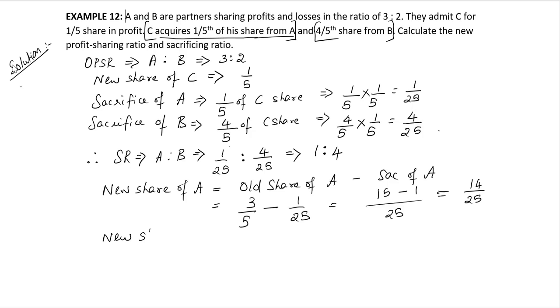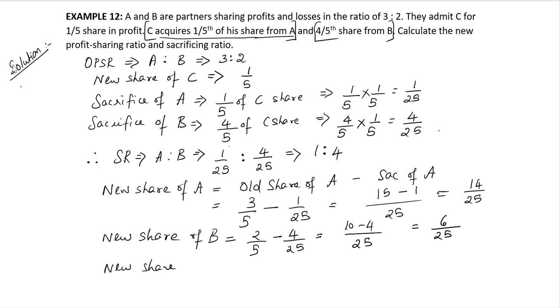New share of partner B is equal to old share of B minus the sacrifice of B, which is 4 by 25. And this is equal to 6 divided by 25. The new share of C, which is equal to 1 by 5, can be written as 5 divided by 25.